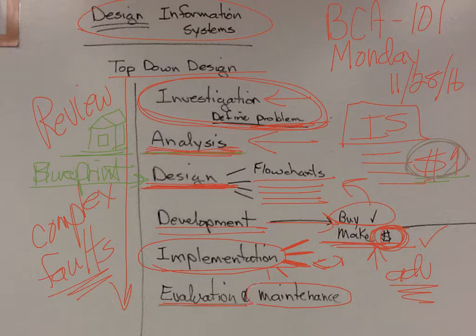Maintenance is a big deal. If you've ever seen software updates, that's maintenance. So you see things that need to be improved, and what this does is you create a cycle. So you investigate the new issue, you analyze what it is, you design a solution, you write the code, you implement it, and you check to see if it works. And then if you run into another problem, you go through the same process.